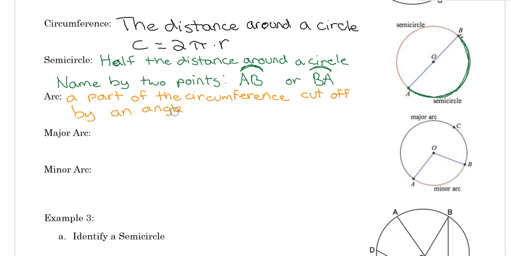So we're going to talk about the two different types of arcs, but you can see, like, when I have an angle, it cuts the circle kind of into two separate pieces. Okay, so I could look at those as arcs. It's not the whole circumference around.